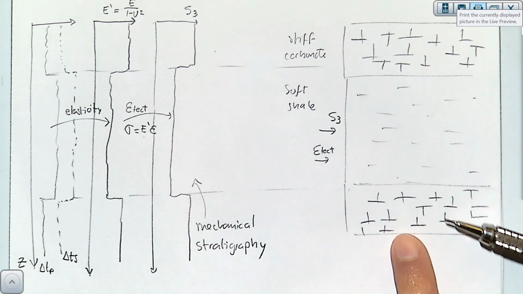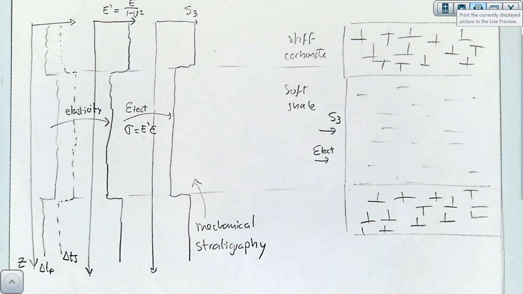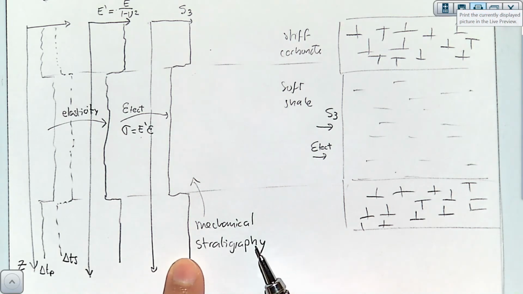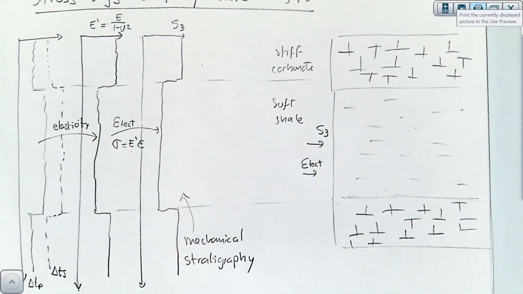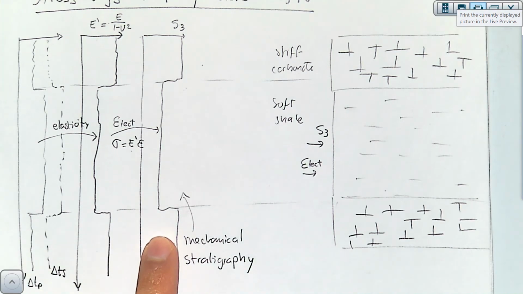So this rock may be stronger than this one, and that added together with the variation of stress yields this mechanical stratigraphy. All right, so we're very close, and now just one more step. Now we're going to use this in order to define what is a fracture height.